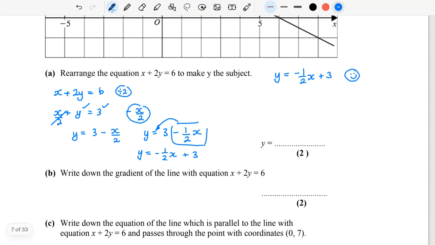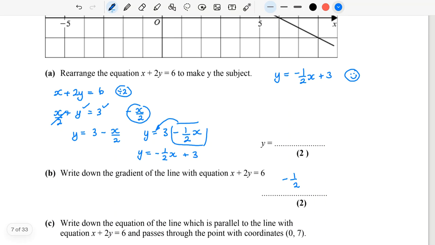So part B says, write down the gradient of the line with the equation x plus 2y equals 6. What would you tell me? Yeah, negative a half. Now, this leads us to an important little understanding, guys.